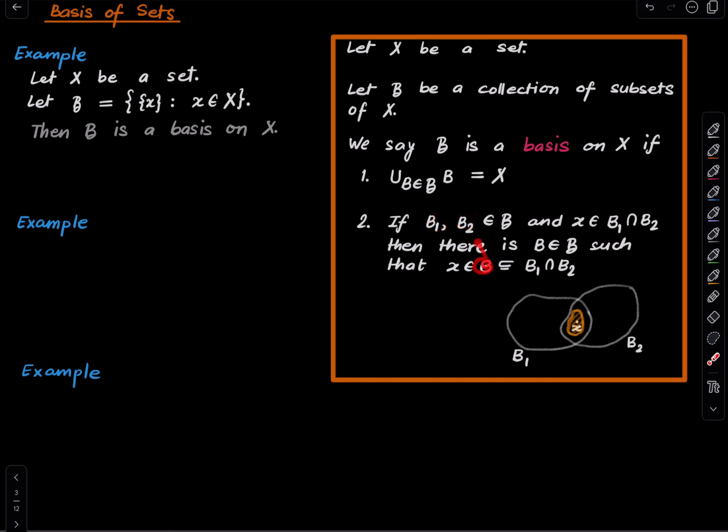Well, it is equal to either of those because they are equal anyway. So if, let's say, B1 is equal to {x0}, which is also the same as B2, then they have non-empty intersection, and you just choose B as again this set. So this condition will also be satisfied. We are not demanding that this be some strict containment or anything. This is just a containment. Alright, so this is a basis. Let's see a little bit more interesting example.